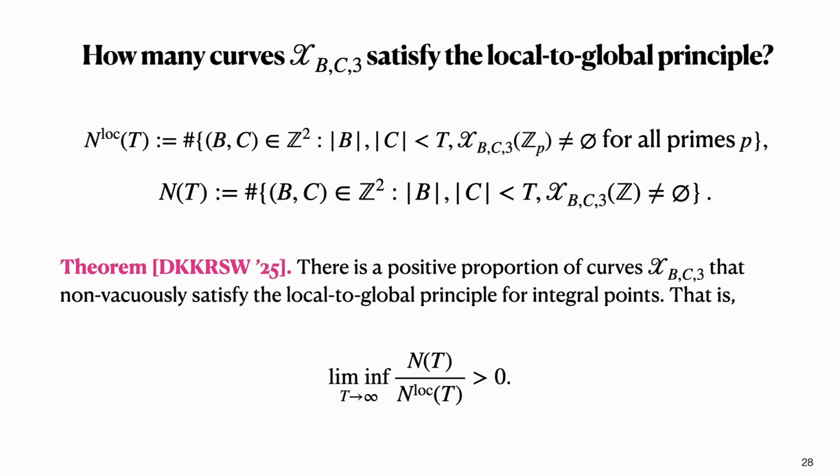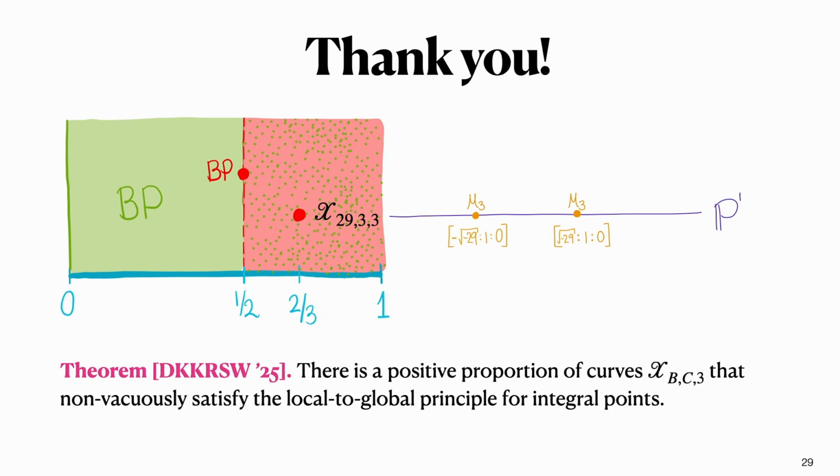And the punchline is that there is a positive proportion of curves in the family with exponent 3 that non-vacuously satisfy the local to global principle, which means that they have a point locally and they have a point globally. So that's our conclusion, and I think that's it. Thank you for listening.